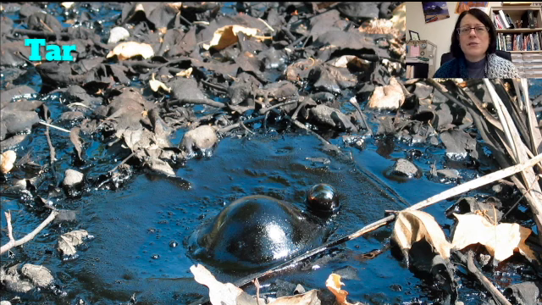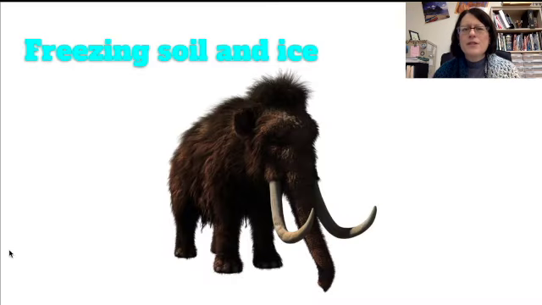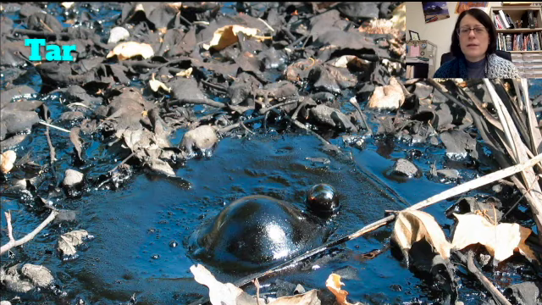Tar pits. Things would fall into tar pits and become preserved. Now, actually, let's go back here. Fossils that are frozen in soil and ice cannot be older than the Ice Age. There cannot be older than the Ice Age, so I want to point that out. Tar pits also tend to be more from the Ice Age.